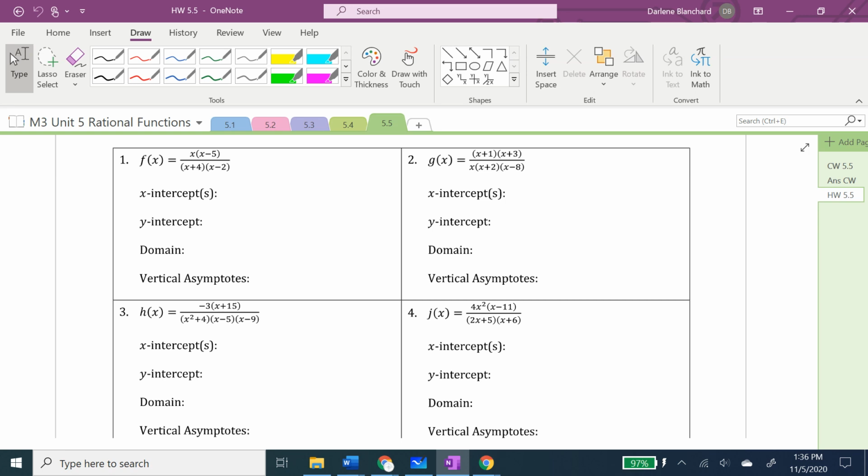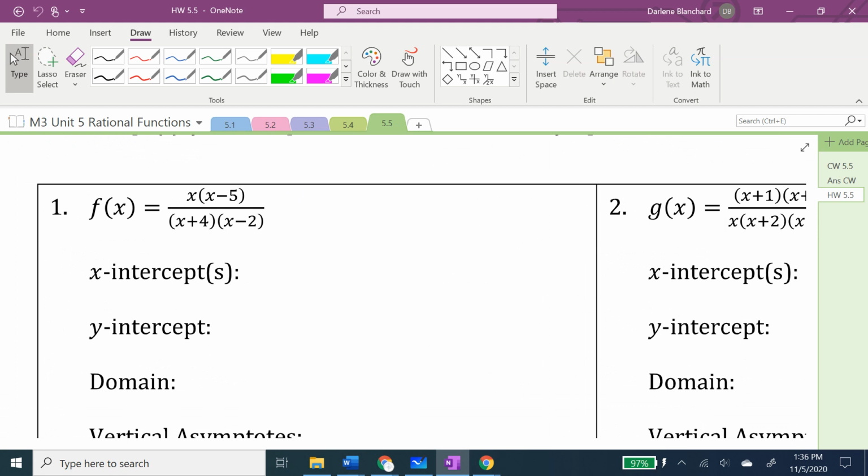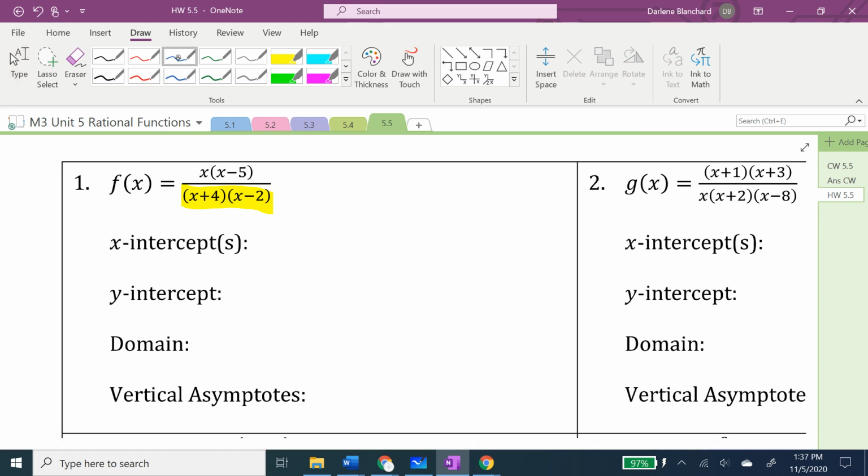So with domains, in my day, it was: your domain is everything except for what makes the denominator 0. When I was in high school, they weren't forcing the interval notation at the high school level. So we would go over to domain and we would just say all real numbers, but x is not allowed to be -4 or 2.